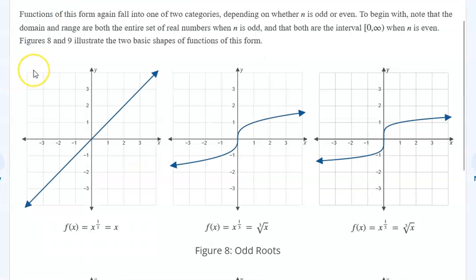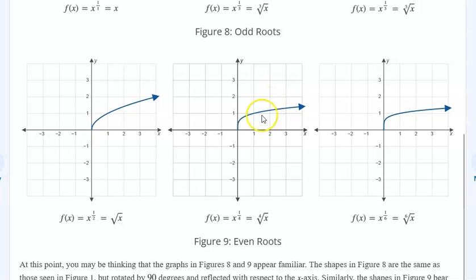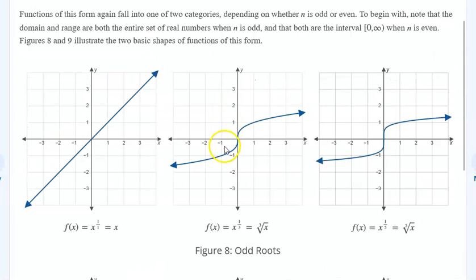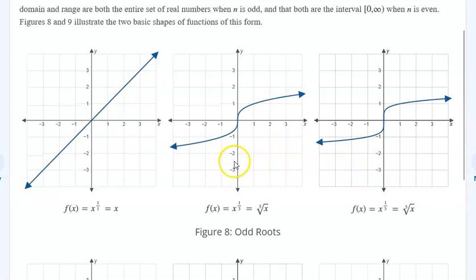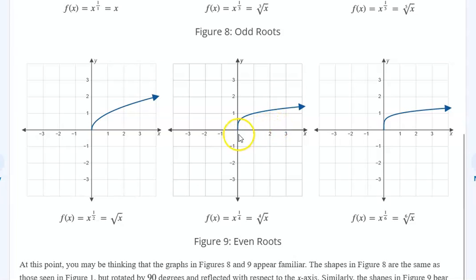Now, I might ask the question, why is it with odd roots you get this little tail on this end, while with even roots you don't? And the answer would be, with even roots, you can't have a value under the radical sign that's negative. So odd roots, you can have negative values. That's why this line extends here. Even roots, you cannot.